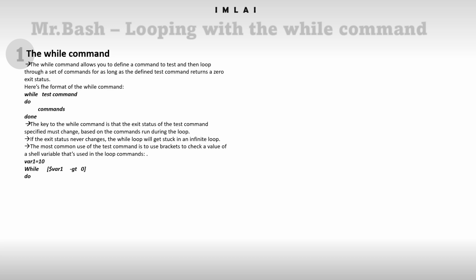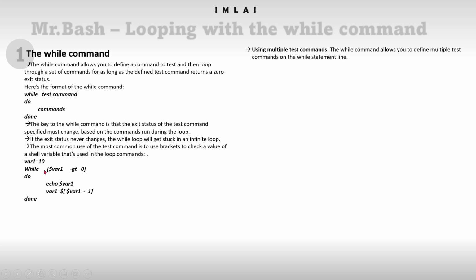Now the while loop stops when the test condition is no longer true. That is the reason I have compared it to a cross of the if then statement and the for loop. Here you have a condition, similar to an if condition, and after that you have a loop.